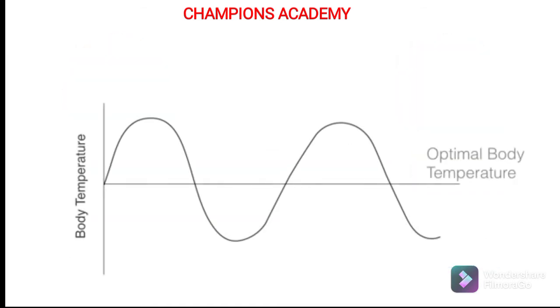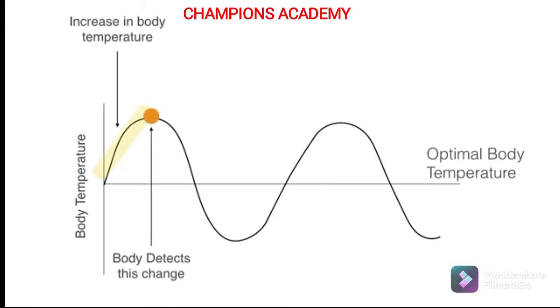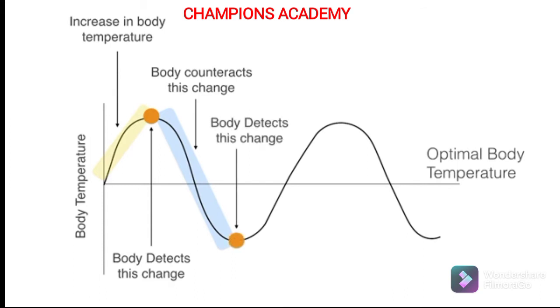A really good way to understand how homeostasis works is through a sine curve. Optimal body temperature is demonstrated by the straight line. When there is an increase in body temperature, the body is able to detect this change to counteract the change and help the body cool down. If the body cools down to a significant extent that is under optimal temperature, our body is able to detect this change and therefore increase body temperature and counteract the change.